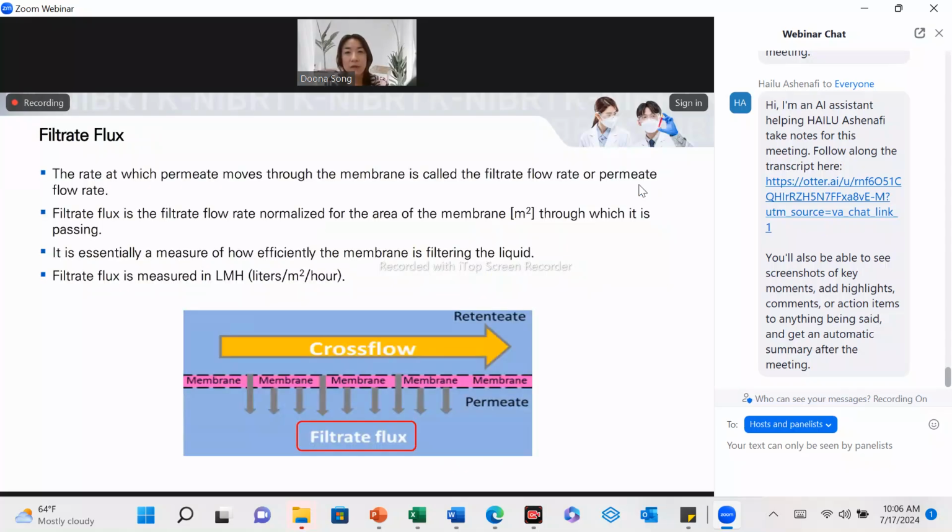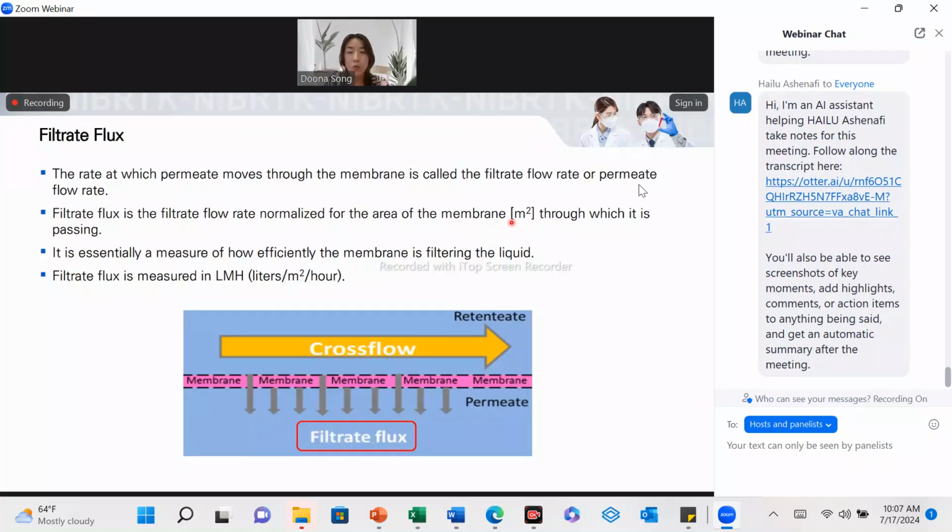Next, filtrate flux. The speed at which the filtrate passes through the membrane is called filtrate flow rate or permeate flow rate, but the filtrate flow rate depends on the total membrane area. So it makes it difficult to compare between systems of different membrane area. So filtrate flux is the filtrate flow rate adjusted for the area of the membrane.